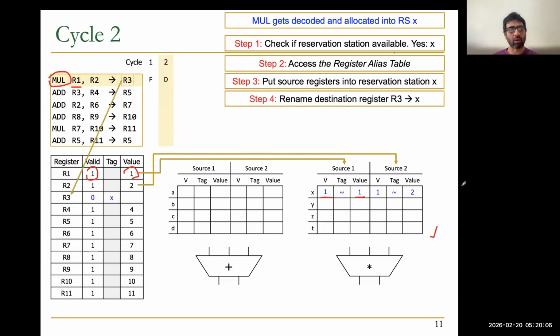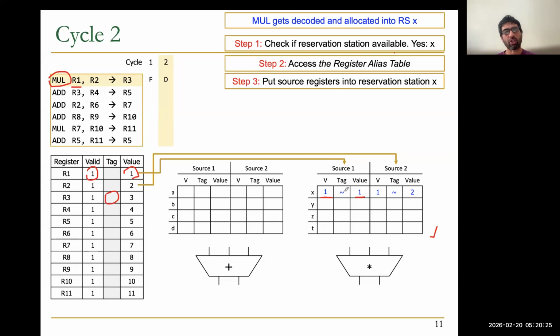And then what we need to do is rename this instruction's output register, R3. How are we going to rename? Remember, initially R3 is valid. So what we are going to do is mark it as invalid, right? And we will record here the tag of the reservation station which is holding the source operands for this instruction. So what is that tag? The tag is X, right?